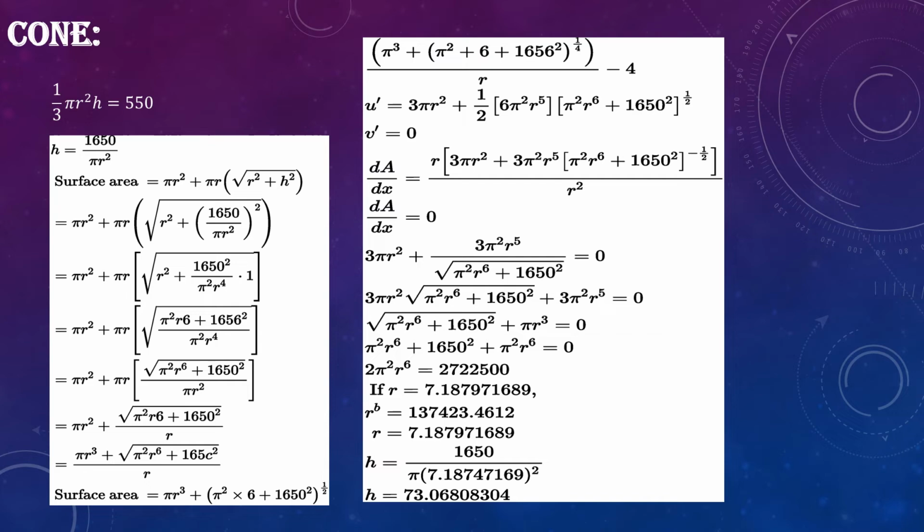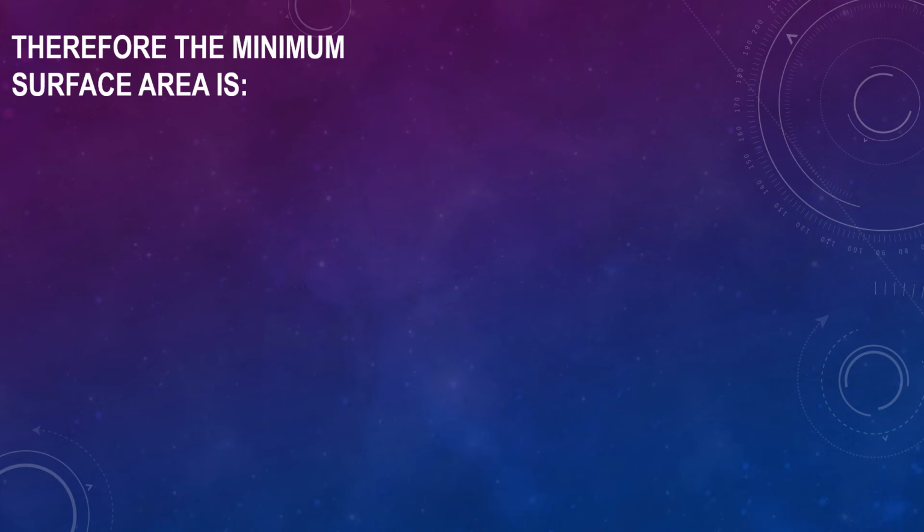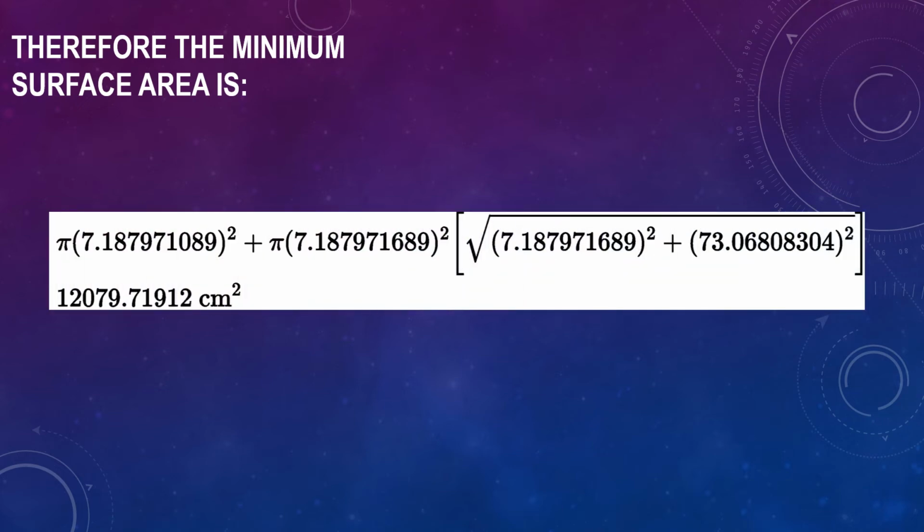And after doing some differentiation, r is equal to 7.187971689. And if you sub in the radius into the formula of the height that we just did, h equals to 73.06808304. Therefore, the minimum surface area is 12,079.71912 centimeters squared.